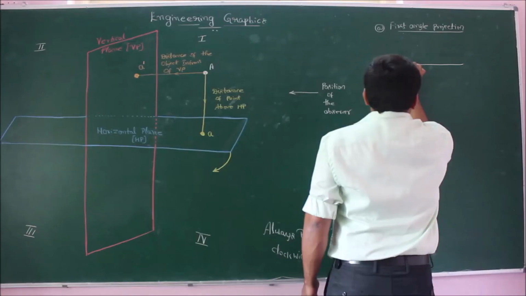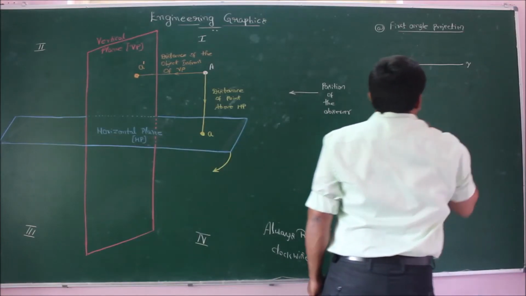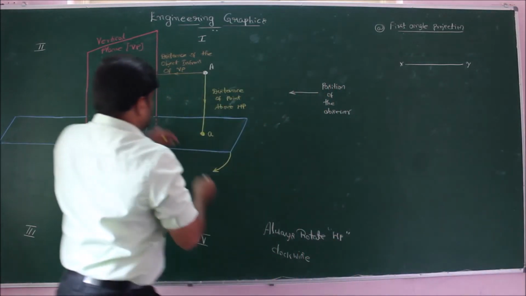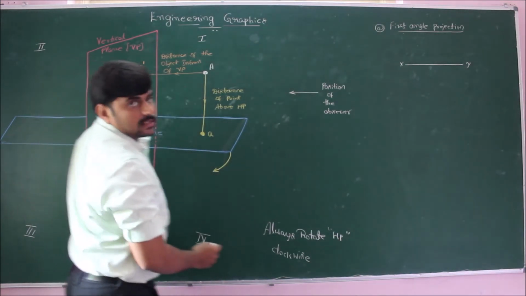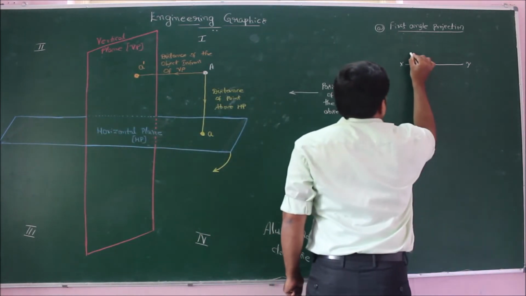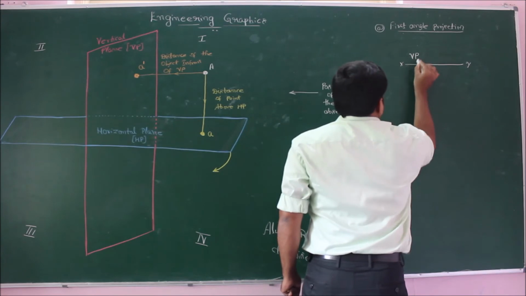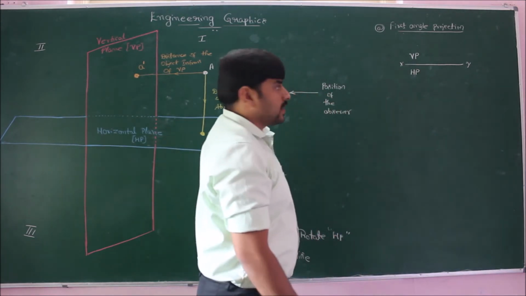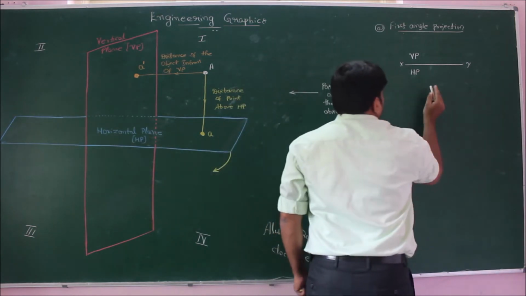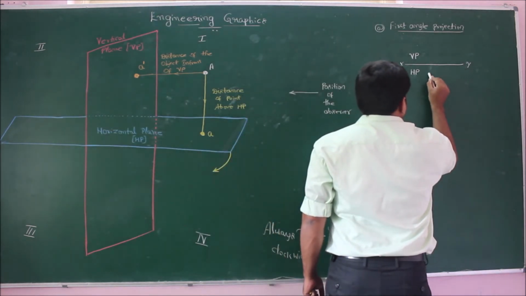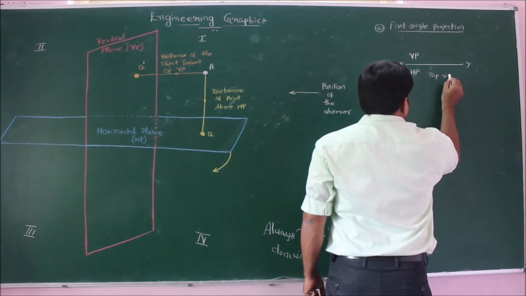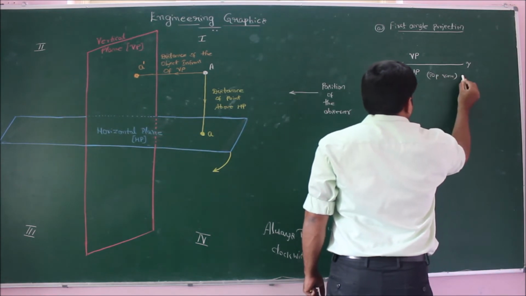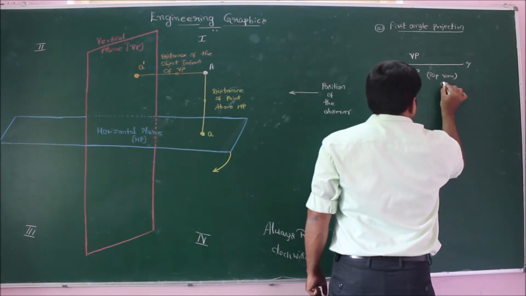Let us take the intersection of the vertical plane and horizontal plane as the XY line. Above the XY line we will have the vertical plane, and below the XY line we will have the horizontal plane. Now in the horizontal plane we will always mark the top view, that is, we will be marking a.